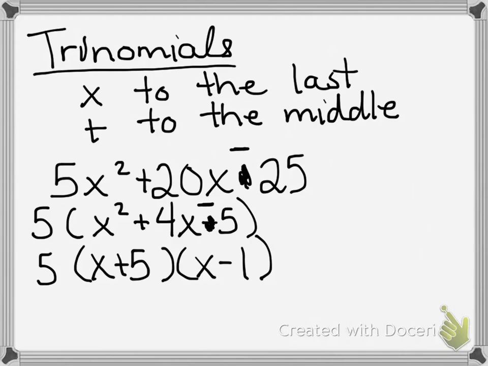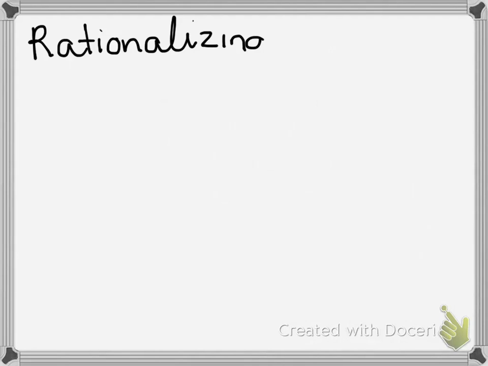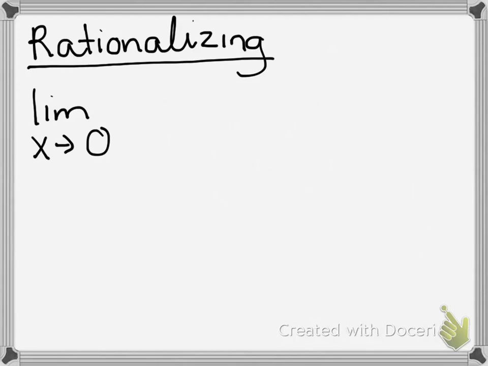All right, so another important skill for solving limits is going to be rationalizing. So you're going to run into trouble in a situation like this. If you had the limit as x approaches 0, and the function was the square root of x plus 1 minus 1 over x.